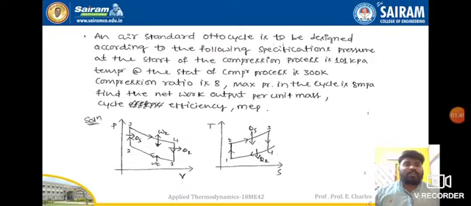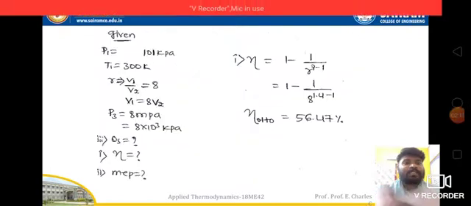These are the four different processes that we know, and we also need to draw the TS diagram to avoid confusion. In the PV and TS diagrams, QS will indicate heat supplied and QR will indicate heat rejection, and 3 to 4 and 2 to 1 will be the work done.